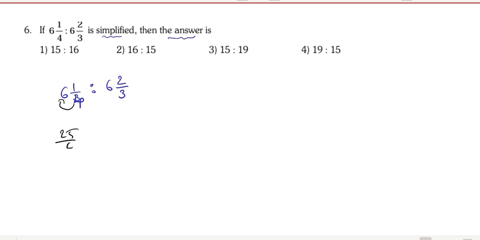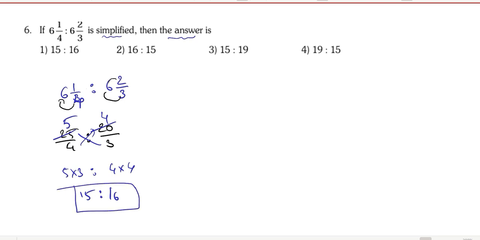So 25 by 4 is to 6 3s are 18, 18 plus 2 is 20, so 20 by 3. Now both numerators can be cancelled by 5. 5 5s are 25, 5 4s are 20. Now on doing cross multiplication, we can simplify it as 5 into 3 is to 4 into 4, that is 15 is to 16. As these two are consecutive numbers, this is in the simplest form itself. So the first option is the correct one.